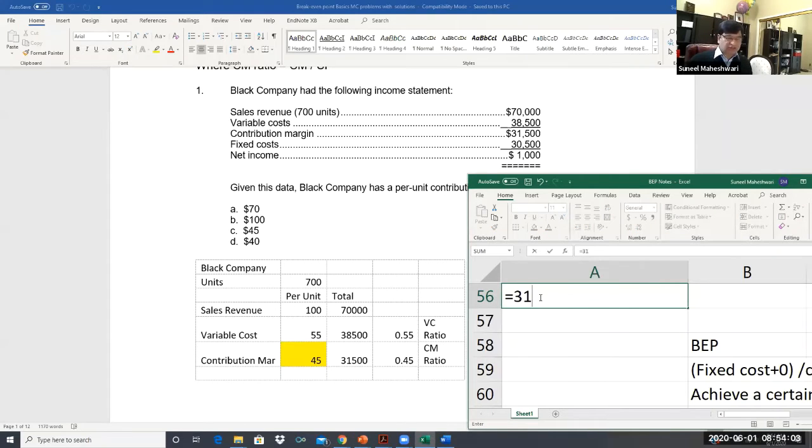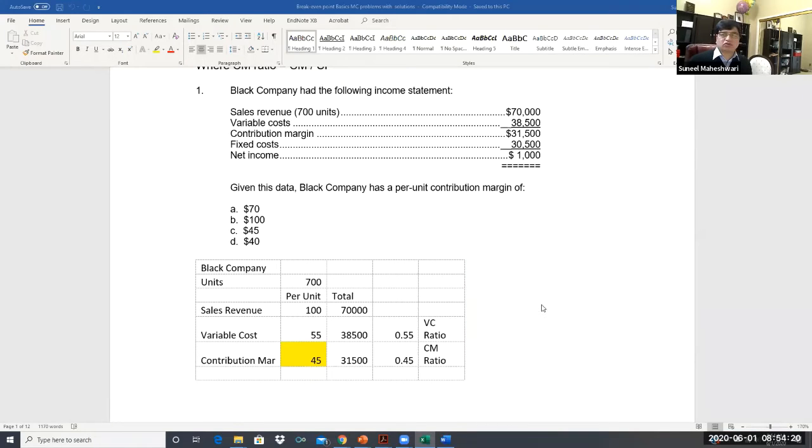Everyone understands that? 31,500 by 700. That's it. That's all that was needed. Now I'm showing you this format just to make sure that you understand the format.